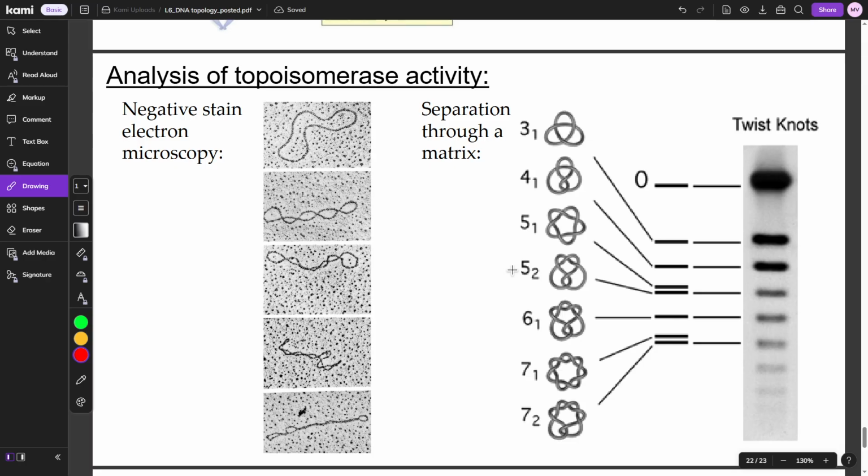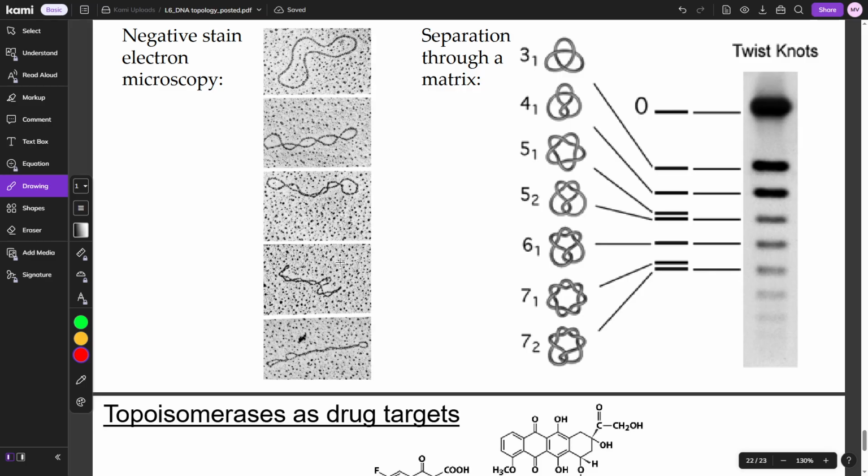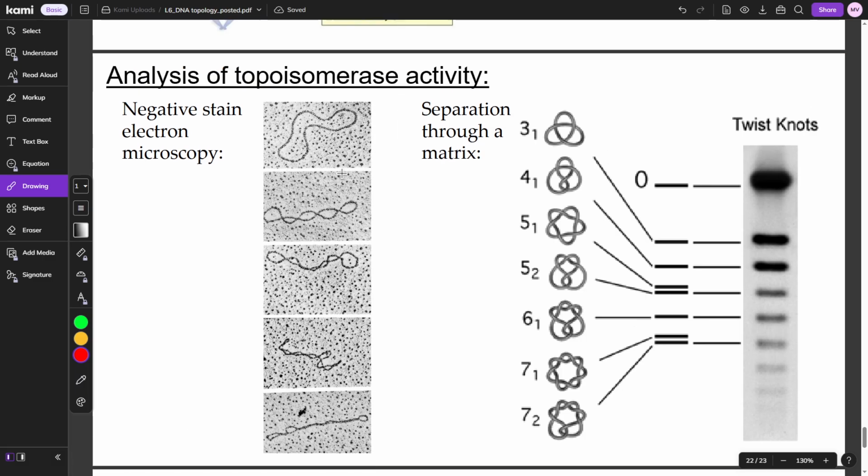And what I want to make very clear about this slide specifically is how supercoiling affects speed of DNA travel. So you can imagine that when you run a gel, the smaller things actually go through the gel quicker. Now, in this case, say that all of your DNA is the same size.